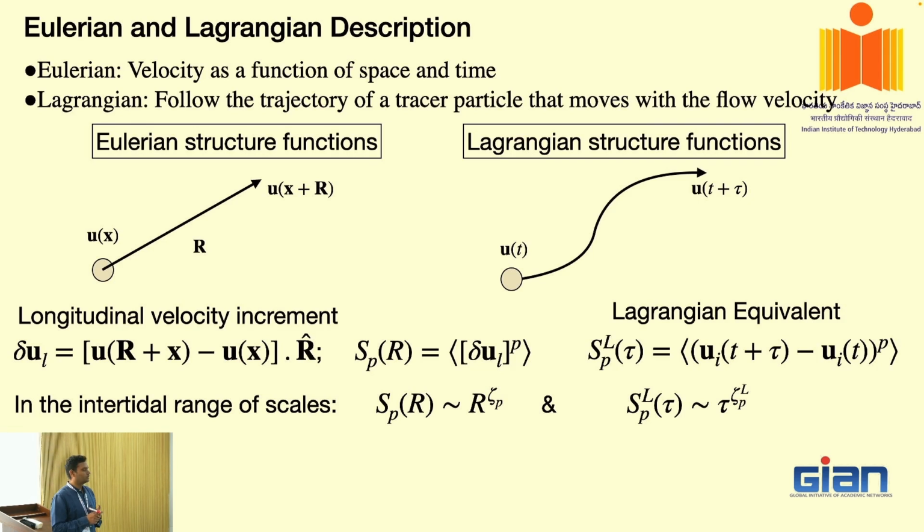The question is that if you fix your x, and do a similar calculation even for the Eulerian field. You say this is where I'm doing the measurement, I have a measurement at time t and a measurement at t plus tau.